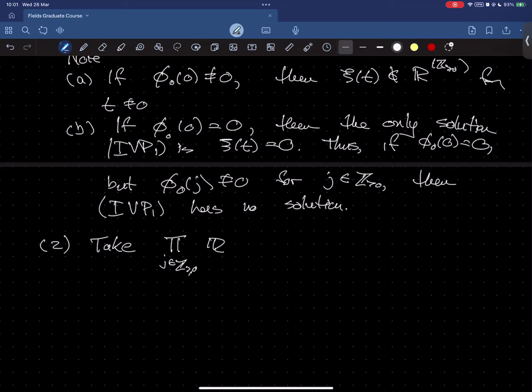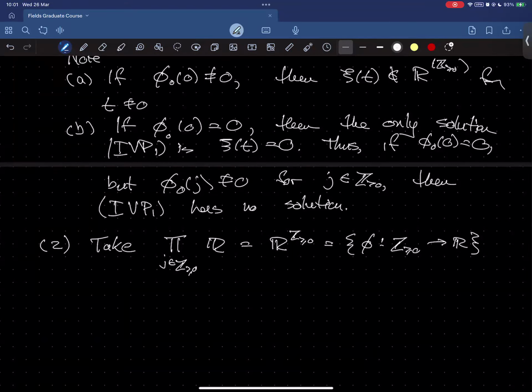Okay, so this is the product. So this is just a set of all mappings phi from the natural numbers to R, with no restrictions like we had for the direct sum.